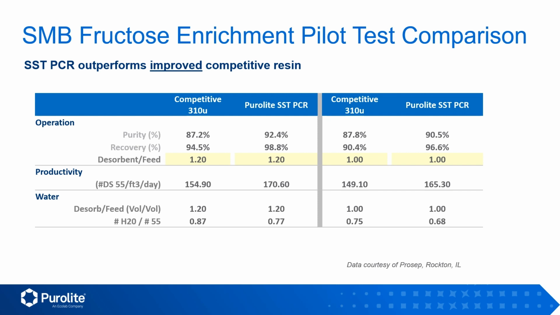The SMB pilot plant was able to operate at the lower water to feed ratios of 1.2 and 1.0. The data shows that the SST PCR sample provided higher purity, recovery, and productivity at both of these water to feed ratios, and the percent improvement was higher at the lower water to feed ratio.